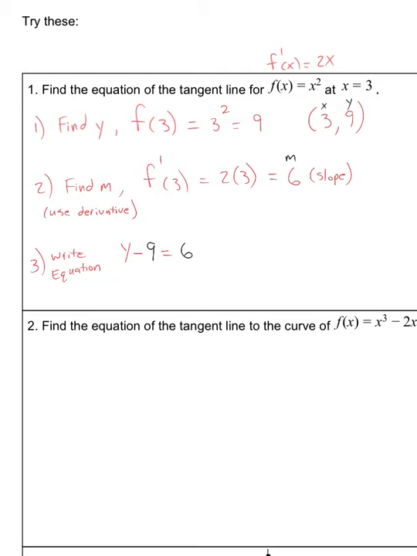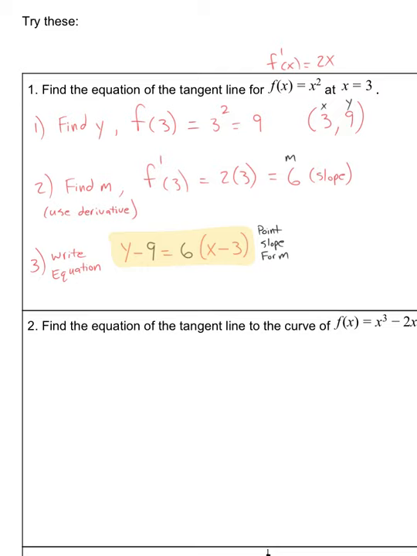And then it's another set of parentheses, x minus my x coordinate, which is 3. So there you have it. That is my equation in point-slope form. Let's label that so we're clear on that. That is point-slope form.